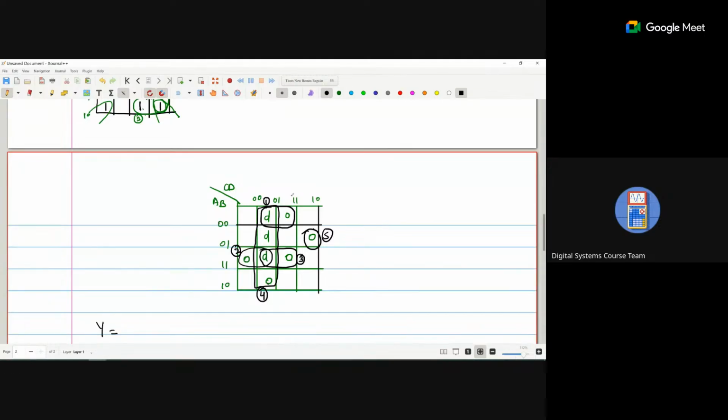So Y, for the first term, this one, the value is A plus B plus D bar. For the second one, A bar plus B bar plus C. For the group third, A bar plus B bar plus D bar.